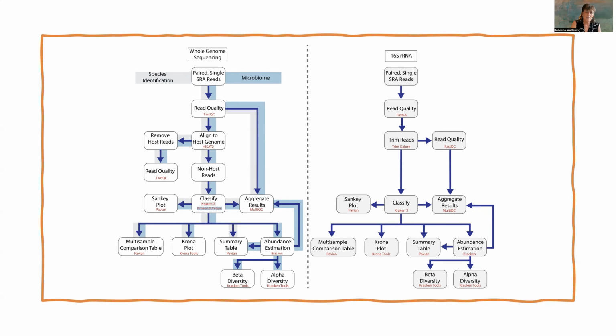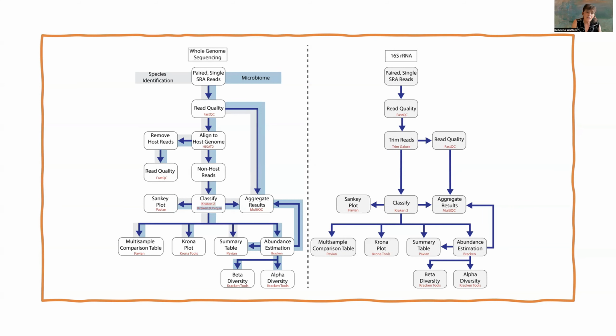If you're doing whole genome sequencing, at this point, you can choose to align it to the host genome and remove the host reads and then separate out the non-host reads. If you're doing 16S, it will trim the reads, but it doesn't matter if you have trimmed reads or non-host reads, it goes into Kraken 2, and that's the powerhouse of this pipeline.